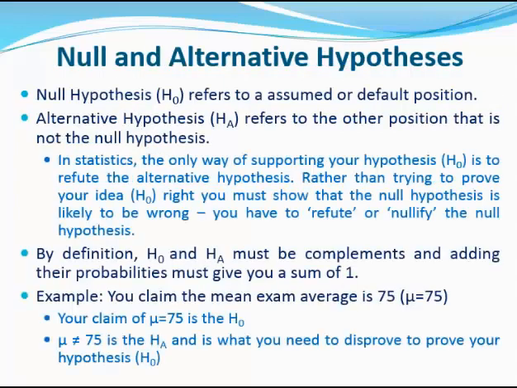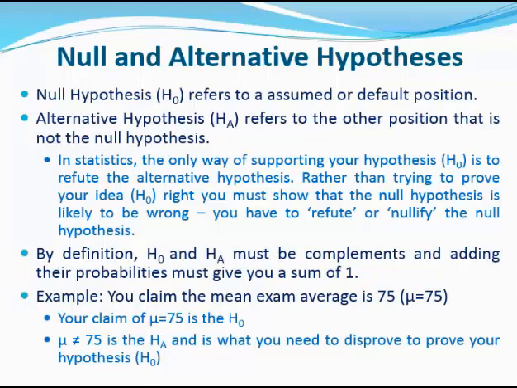And the reason why it's relevant is because of the distinction between the null and alternative hypotheses. First of all, the null and alternative hypotheses are always complements of each other. In other words, they are statements, assertions, where one of them, by definition, has to be true.